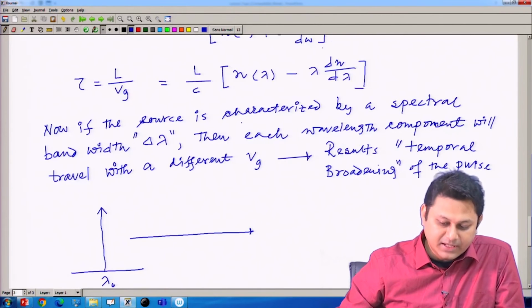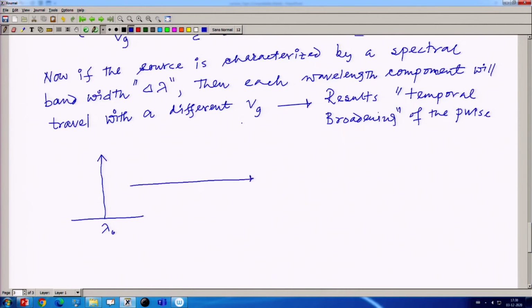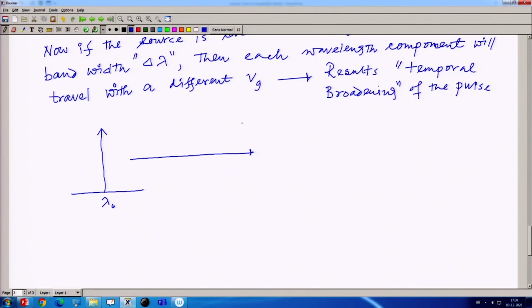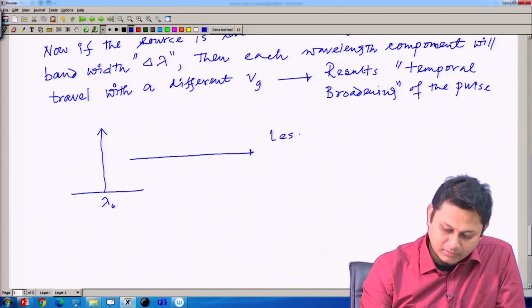So there is no dn d lambda, because only one lambda is there. I should not have any kind of dispersion for that, because this is a single wavelength. So, less dispersion.